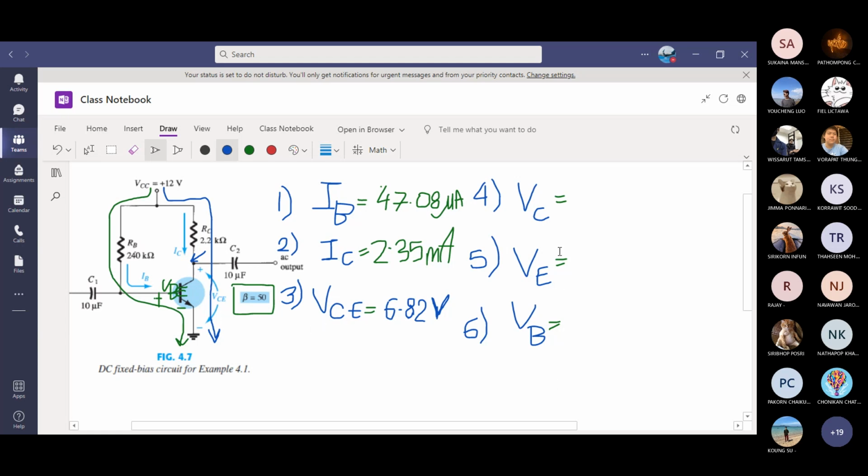Why are VCE and VC the same? Because the E is directly on the ground. You can say VC minus VE, you can write as VCE. So you can see VC is VCE plus VE. What is VE? Patompong, what is VE?